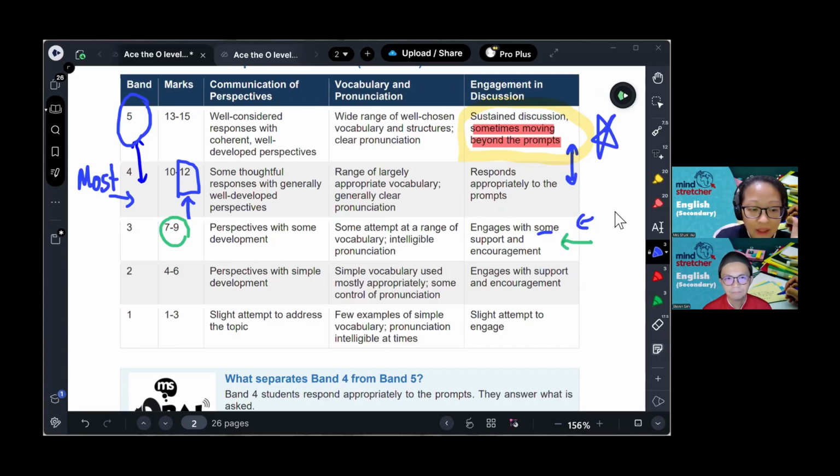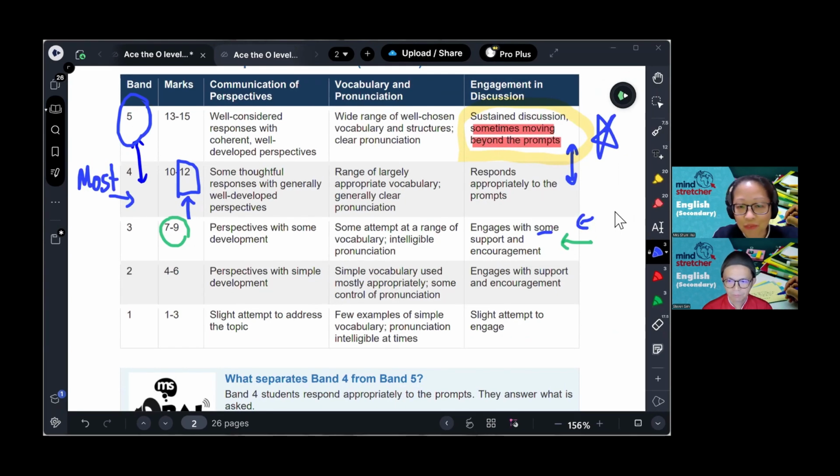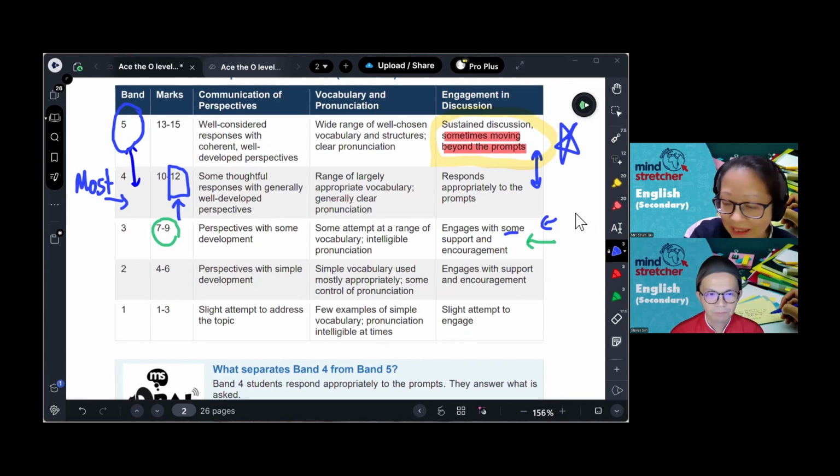And so you don't want to be that antithesis, and you don't want to be that contrast. The examiner will go, oh no, this is one of those band 2 and 3, quite obvious, right? Just now we had the 4s and 5s, and now suddenly the volume of words is like halved. So examiners will instinctively put their pen around band 3, and you don't want that to happen. That's what we're telling you.